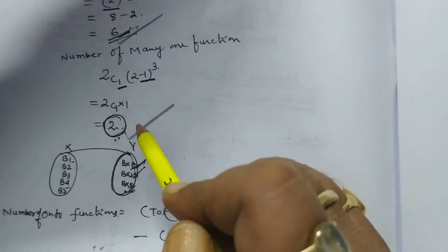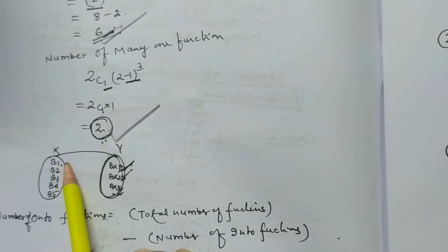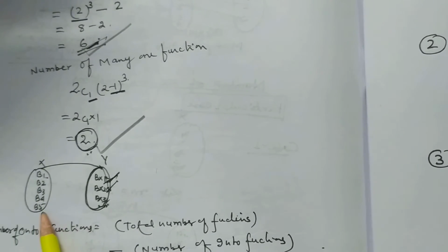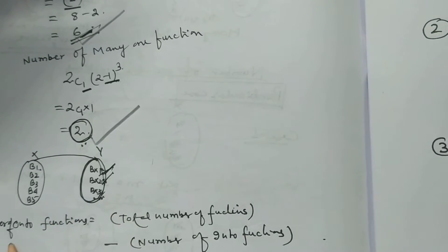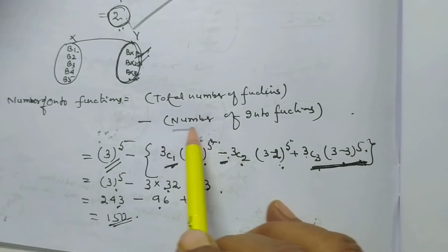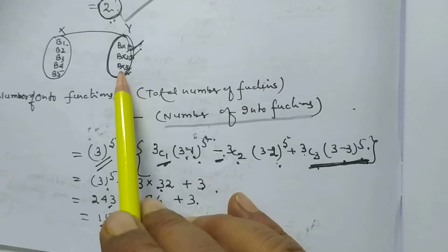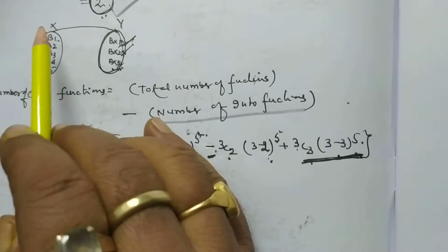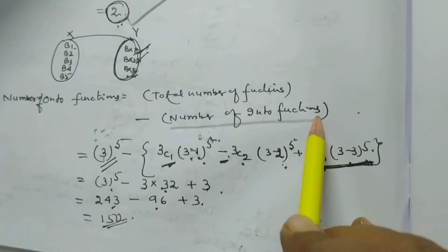Now I want to solve another problem. Here in set x there are 5 elements, and in set y there are 3 elements. So the number of onto functions is equal to the total number of functions minus the number of into functions. There are 3 elements in y, so we take base 3, and 5 elements in the domain, so 3 to the power 5 minus the number of into functions.